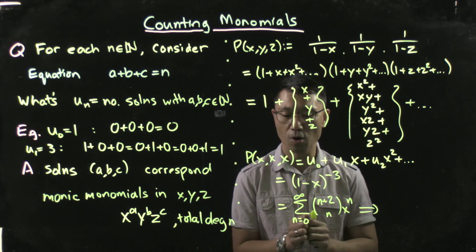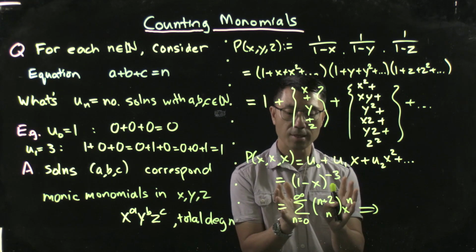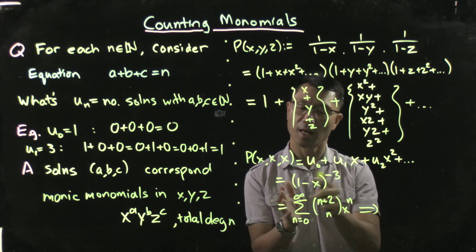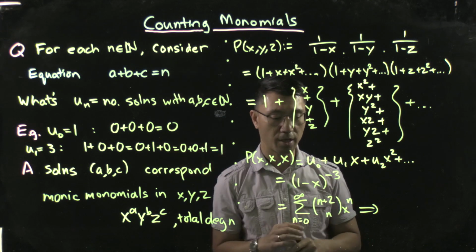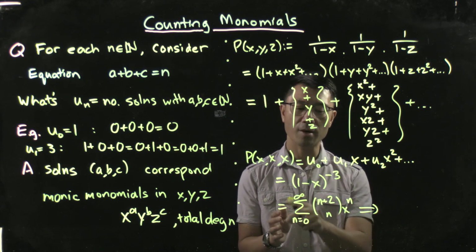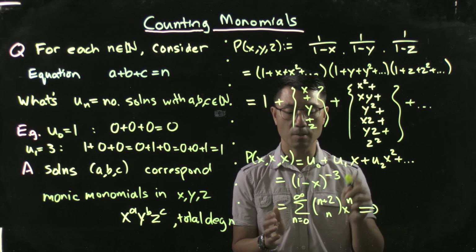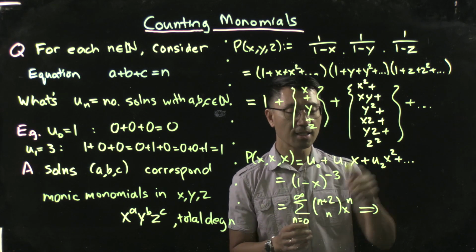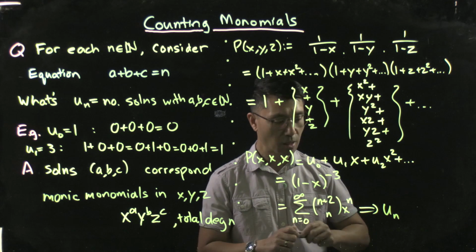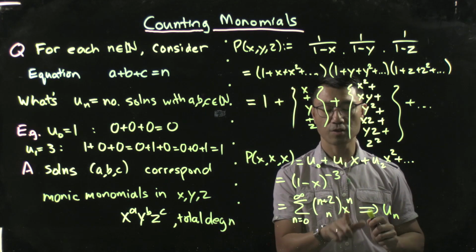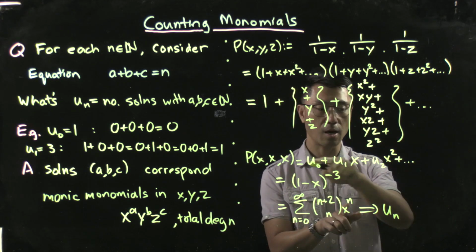So if you're good with your power series, and in particular here, you're looking at the binomial series, which is very, very important in enumerative combinatorics, you'll find that this is the power series expansion of 1 minus x to the minus 3. And now you just can equate coefficients. So you just equate the coefficients of x to the n with what's here.